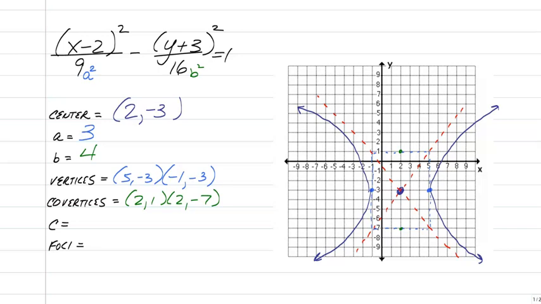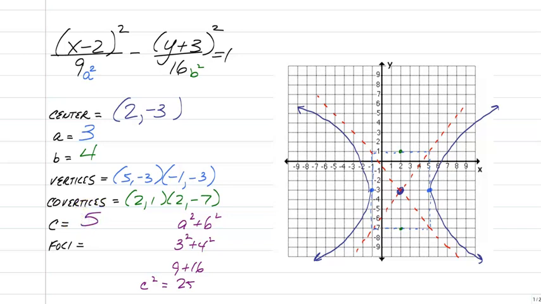So now to find your foci. It is a squared minus b squared when you are doing an ellipse, but in a hyperbola you have to go further. That's why it says it's a squared plus b squared. So we have 3 squared plus 4 squared, which is 9 plus 16, which is 25. So if c squared is equal to 25, when we square root both pieces, we get c is equal to 5.